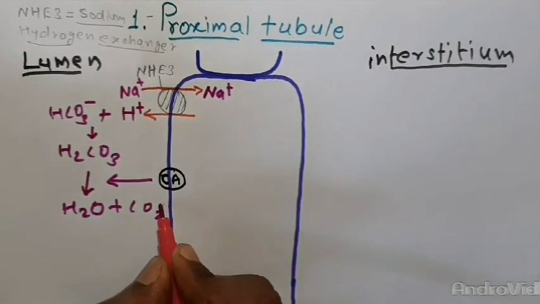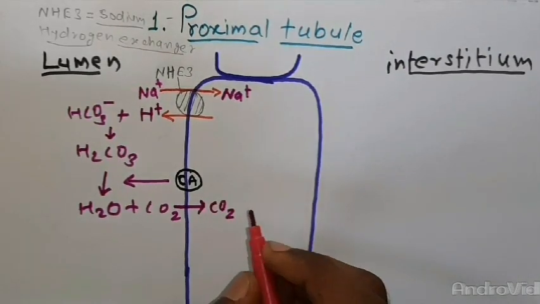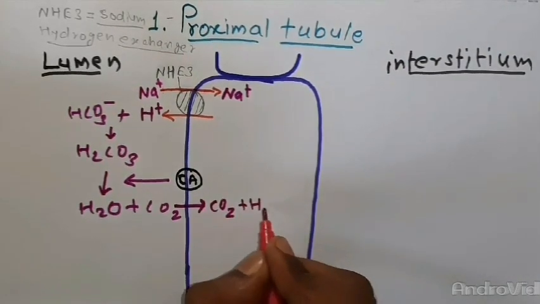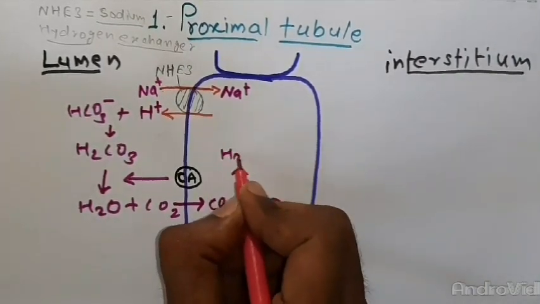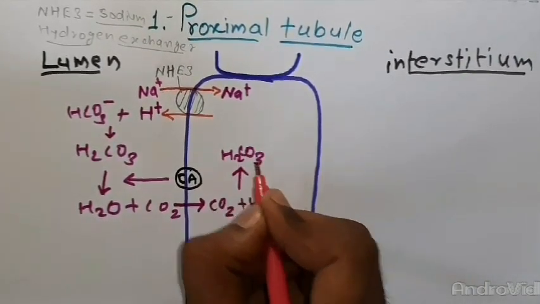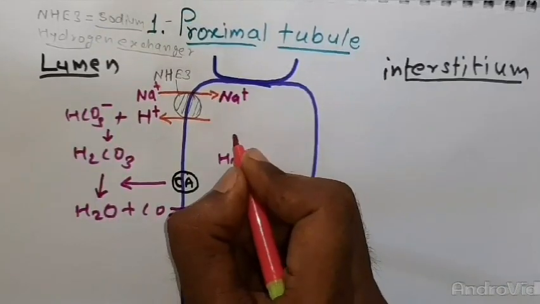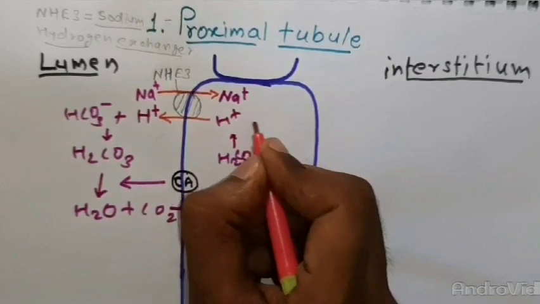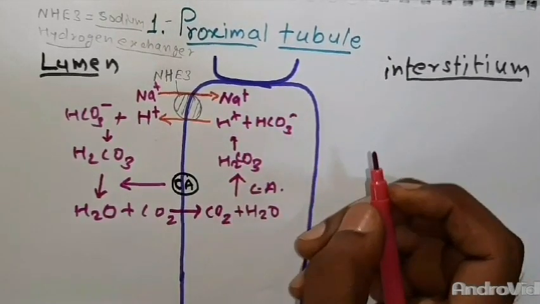Then this carbon dioxide goes inside the cell by simple diffusion. It combines with the H2O and then forms H2CO3 again with the help of the intracellular carbonic anhydrase enzyme. It is readily ionized into H+ ion and HCO3- ion.